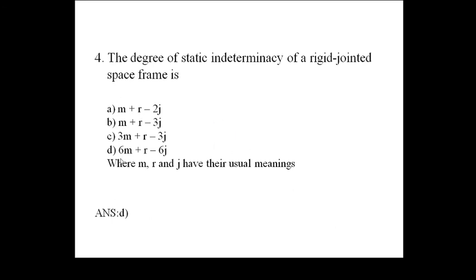Therefore your answer is 6M plus R minus 6J, that is D. M is the number of members, R is the redundance, the unknowns here are reactions, and J is the joints.